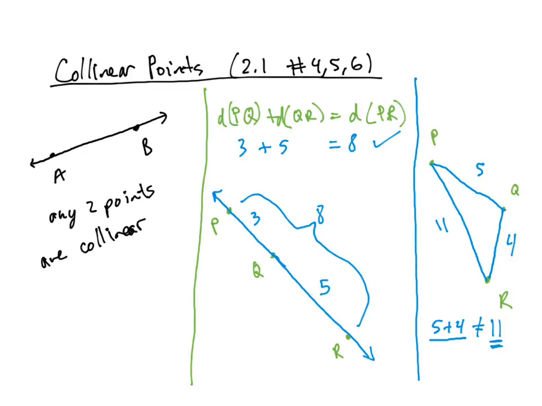Now there's many other ways that we can determine if points are collinear. 2 other ways may make a little more sense to us. So these 3 points will be collinear if, again, I can draw a straight line through them.